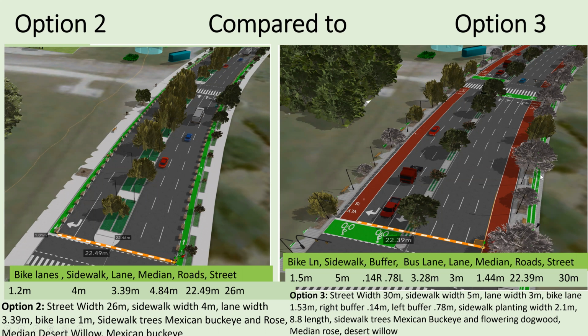There's also a 2-way bicycle lane installed on the sidewalk that is 1.5 meters wide. The sidewalk is 5 meters wide and has Mexican buckeye and flowering dogwood. The median has desert willow and rose and rosemary.